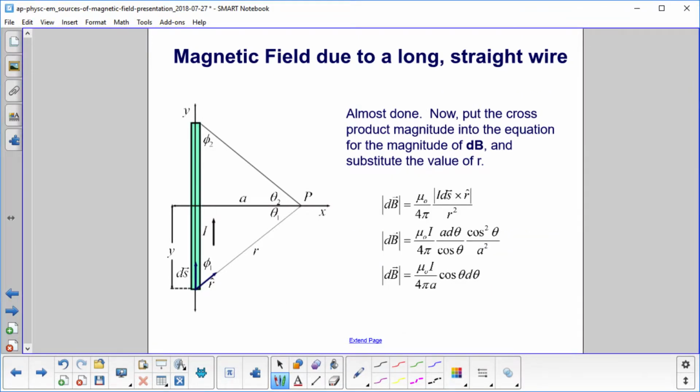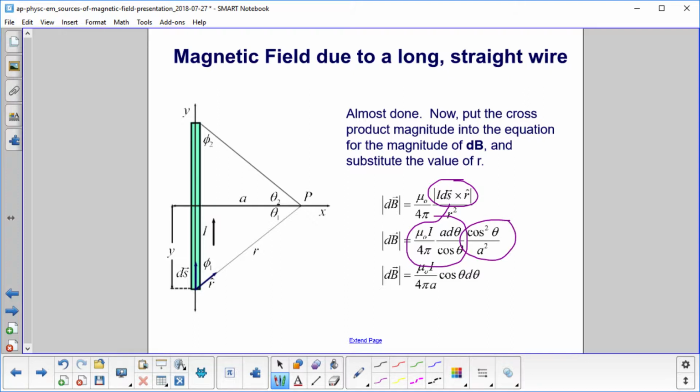Almost done. Now put the cross product magnitude, that's this, into the equation that we started with, the Biot Savart equation. And then what else do we have? We have that 1 over r squared. Well, what was r squared equal to? Pretty sure that was a over cosine theta. So we have to square it. We get this term.